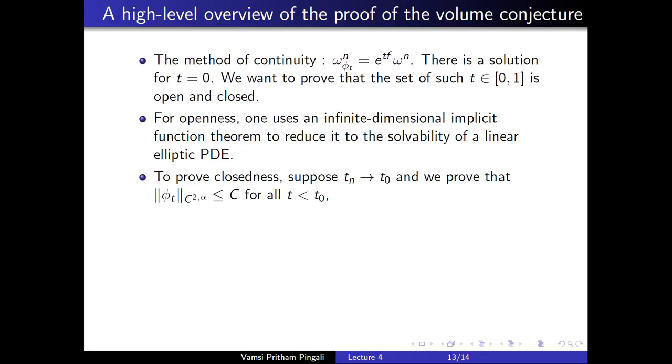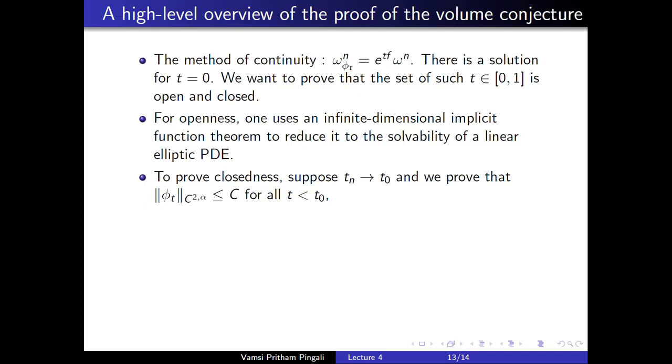From openness, what you can conclude is that the set of T for which you have a solution is of the form [0, T_0), which is a semi-open interval. You want to prove that T_0 is also in that set. So if you have a sequence of times T_n going to T_0, we want to prove that at T_0 also you have a solution.